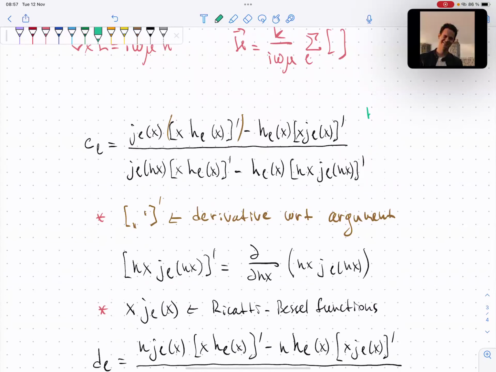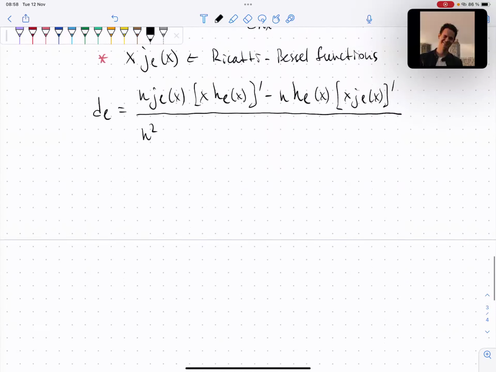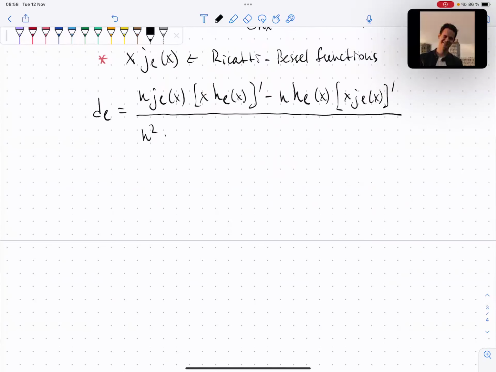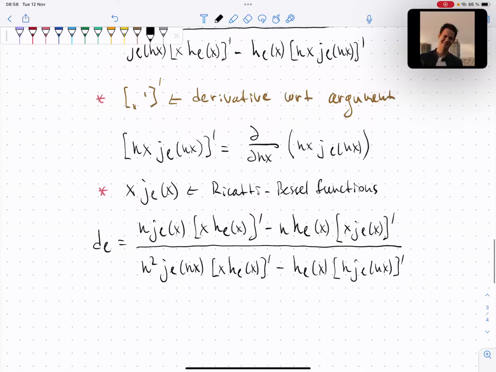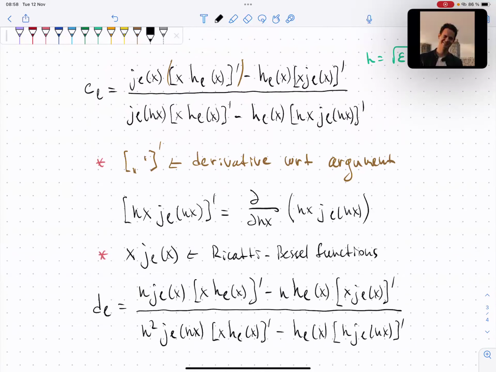Here n is just the square root of epsilon, because the permeability of the sphere equals 1. So for the coefficients of the fields inside the resonator, we will get something like this.